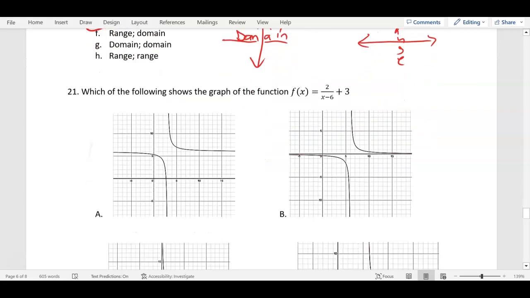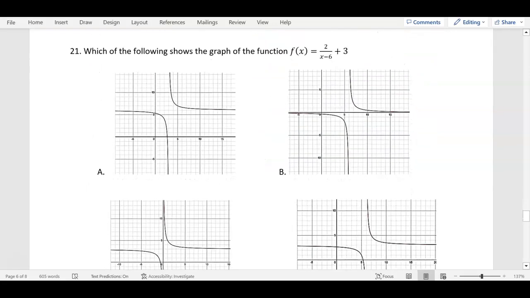Which graph shows the function? All right, so remember, bottom is a lie, and it's left and right. Out here is not a lie, it's up and down. So this is really going to the right, because it's not minus, it's plus. Right 6, and then up 3.